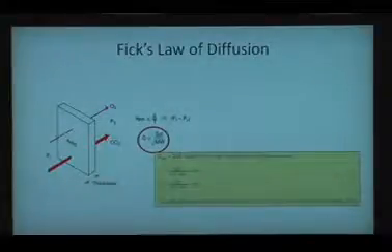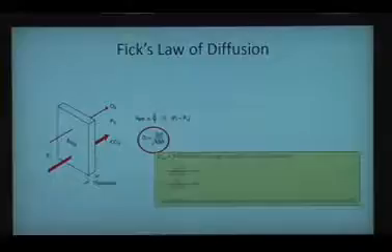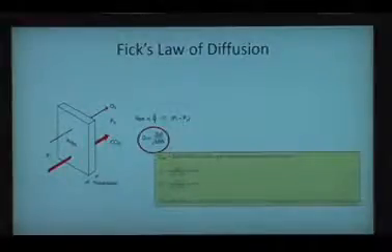So because of the solubility of oxygen versus carbon dioxide, and because of the density of oxygen versus carbon dioxide, the rate of diffusion of carbon dioxide across the alveolar capillary membrane is about 20 times greater than that of oxygen.